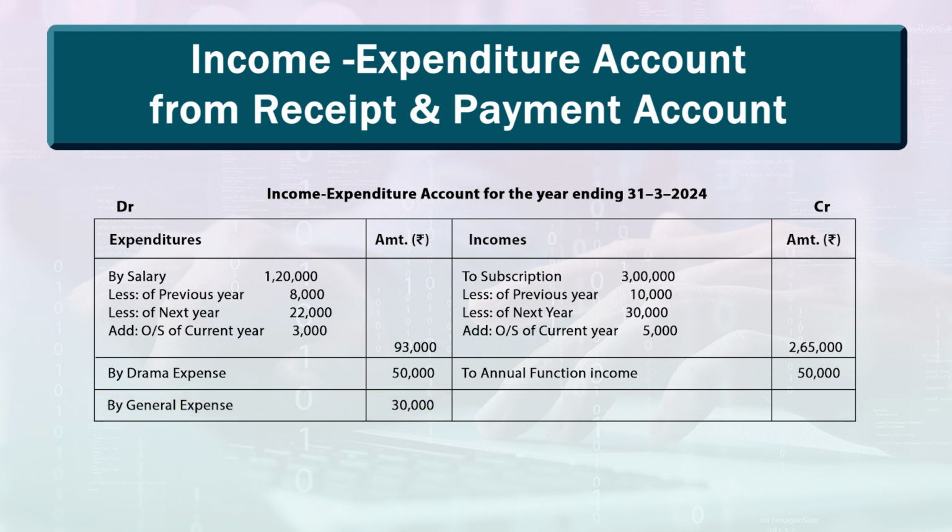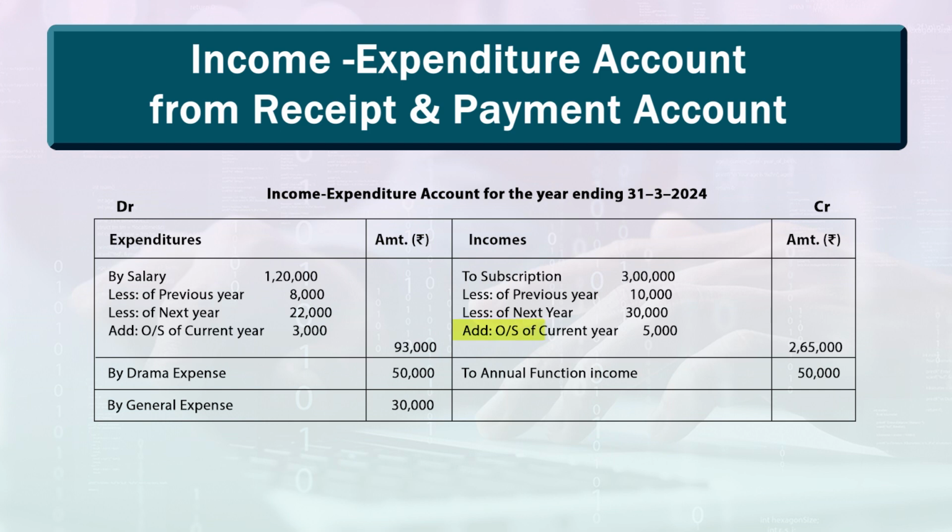On the credit side, which is incomes, let us see the first entry. It is subscription amount of rupees 3 lakhs. From it, we deduct previous year's subscription of rupees 10,000. Further, we also deduct next year's subscription of rupees 30,000.